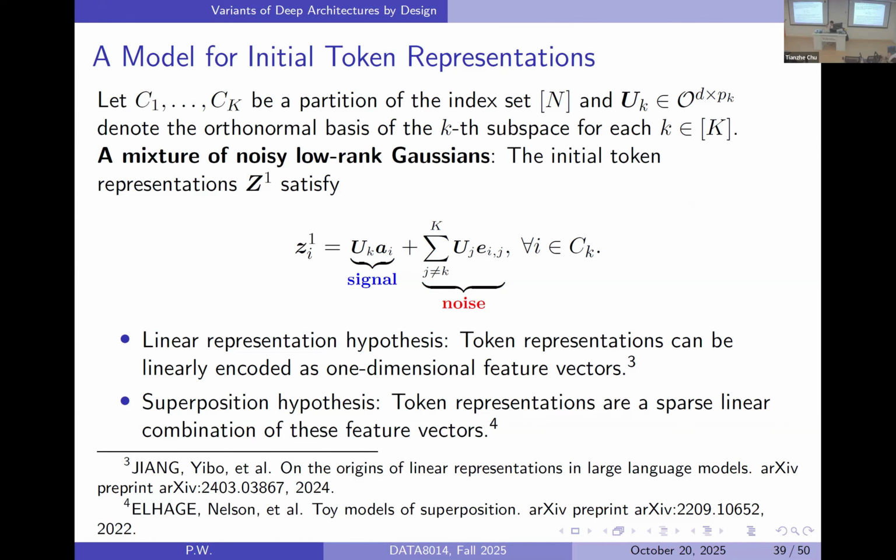The first is the attention-only transformer, and we also interpret this one. The attention-only transformer is doing denoising of token representations. So before we go ahead, we take a look at the model for the initial token representations.